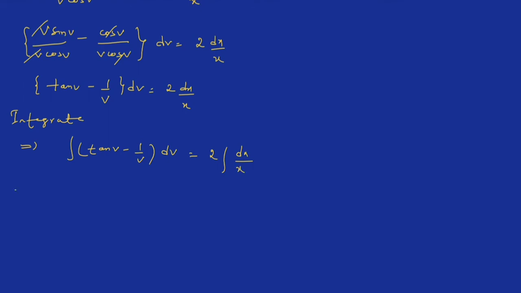The integration of tan v is log of sec v, and of 1 by v is log v, which is equal to 2 times log x plus log c, right? So now, in the LHS, log m minus log n can be written as log m by n, right?